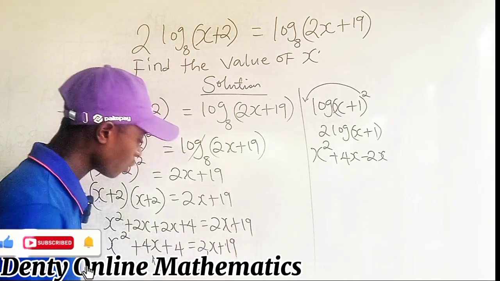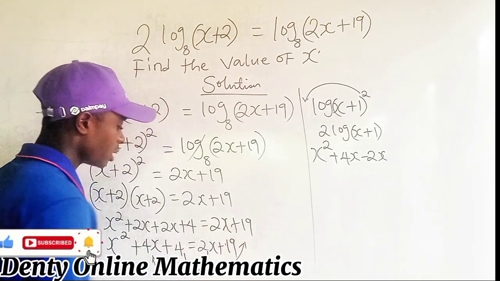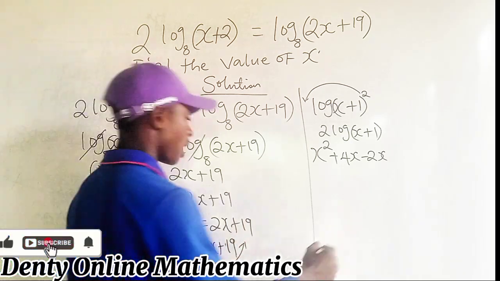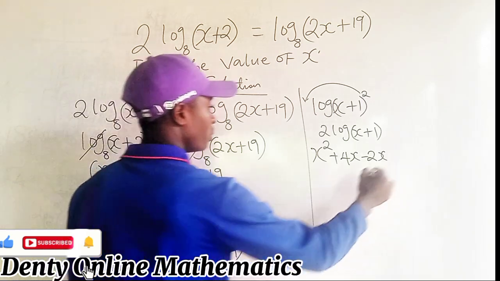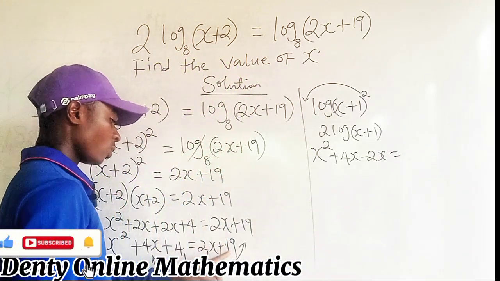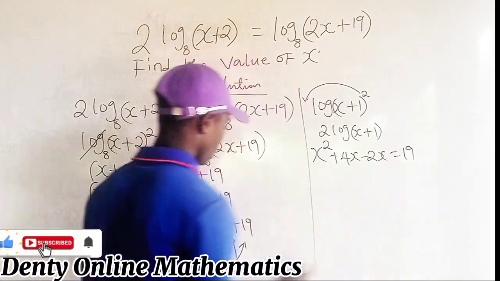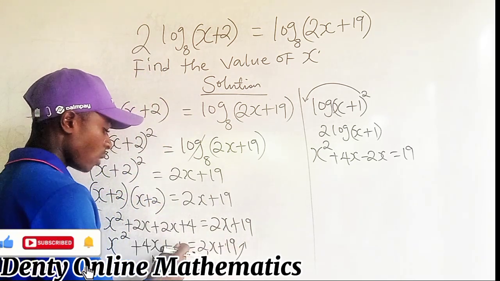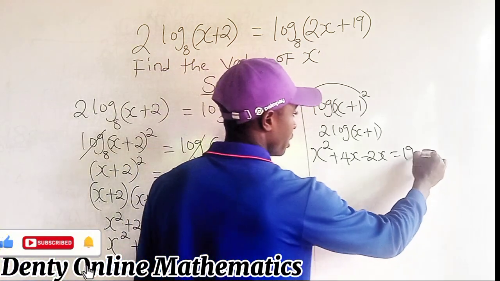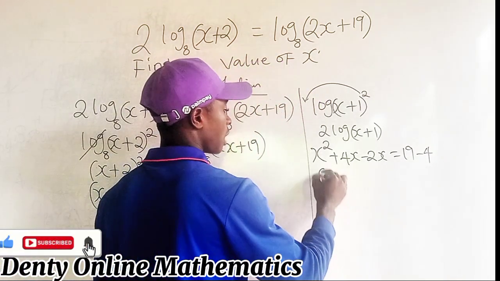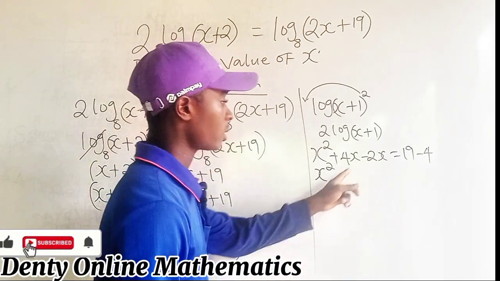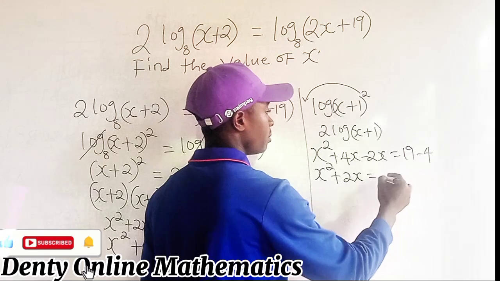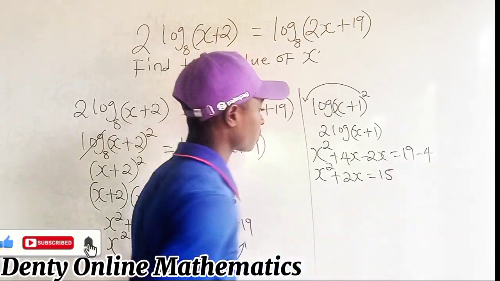This plus 4 is going to cross over to this side, and you are going to have a negative 4. What's left on the right is 19, because the 2x has already crossed over. So when 4 crosses to this side, we have minus 4. So this will now be x squared plus 4x minus 2x, which gives us plus 2x, equal to 19 minus 4, which is 15.